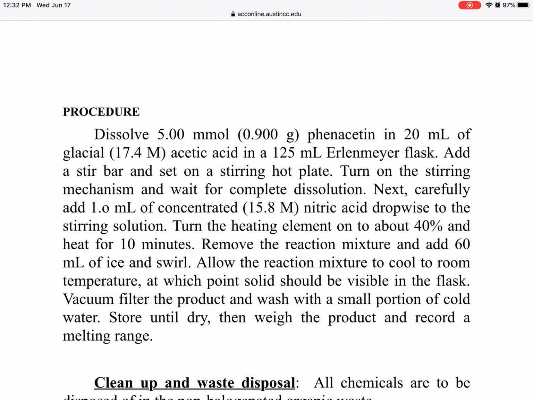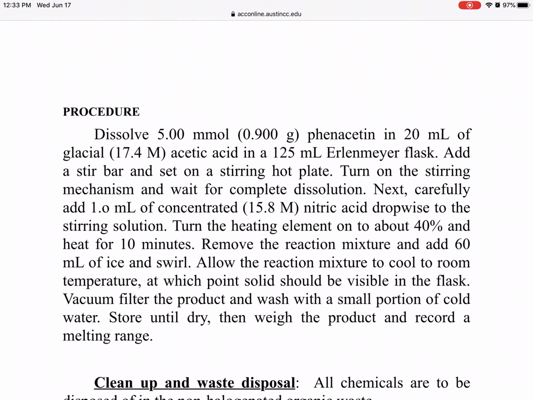And you put 20 milliliters of acetic acid, and you're going to be adding a stir bar, and then you put it on the stirring hot plate which you have in the lab. And then we're going to let it stir until it is completely soluble in acetic acid. So phenacetin will completely dissolve in acetic acid. And then you're going to turn on the stirring mechanism and wait for complete dissolution.